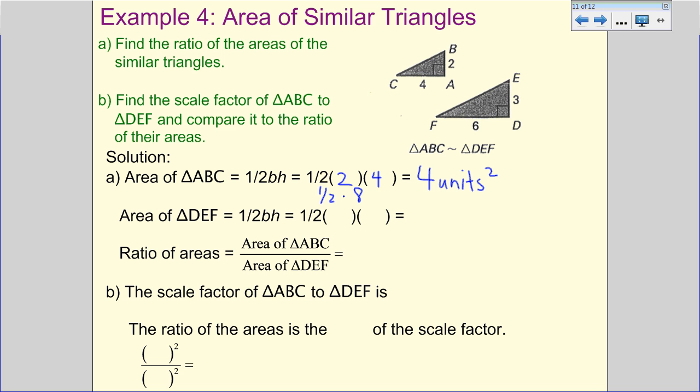DEF is 1/2 base times height. So 1/2 of 18 is 9 units squared. So I need to look at the ratio of those areas, and the ratio of those areas is 4/9. That doesn't simplify at all.